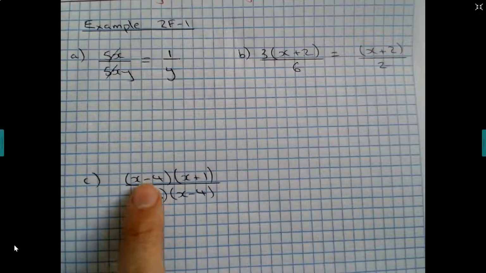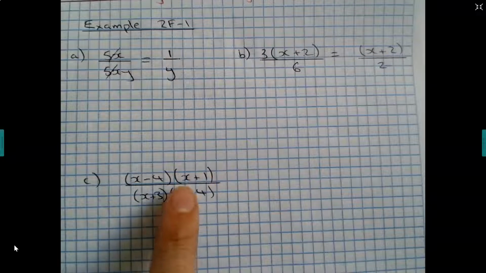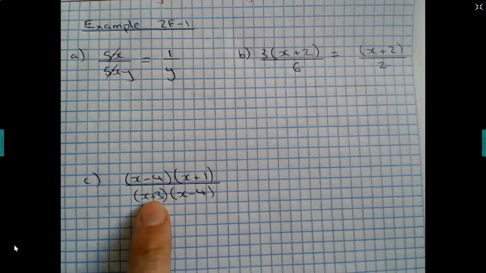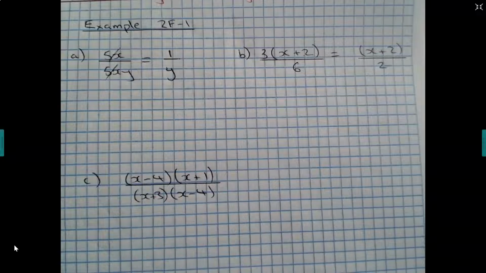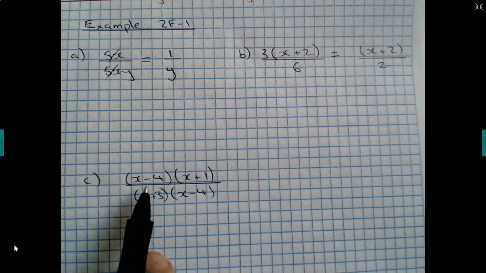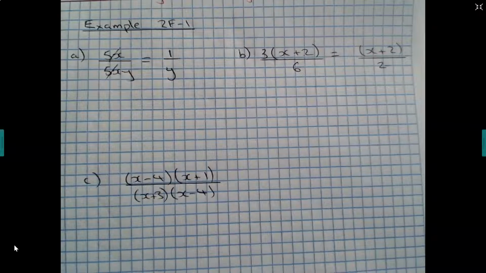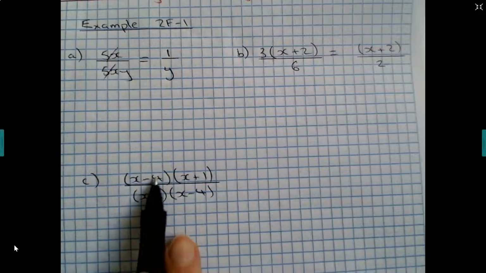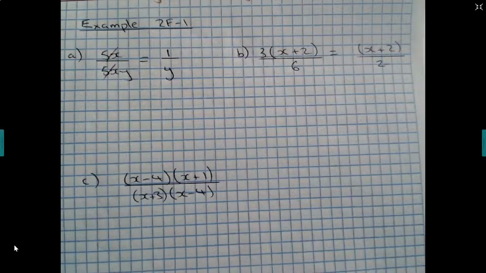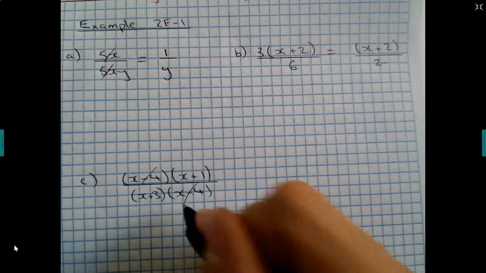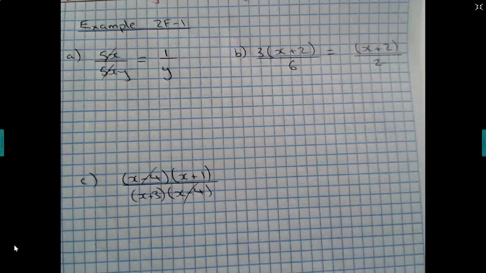If I have x minus 4 times x plus 1 over x plus 3 times x minus 4. So I look at the top and bottom at the terms. Do I have any terms which when I divide them I'm going to get 1? Well, look, I've got the same term in each of these. So we say again that they cancel each other out, but what's actually happening is the division of each of them gives us 1.